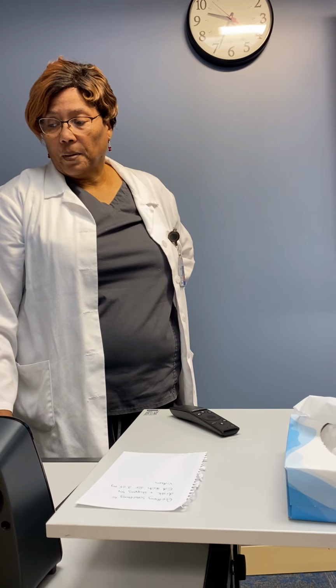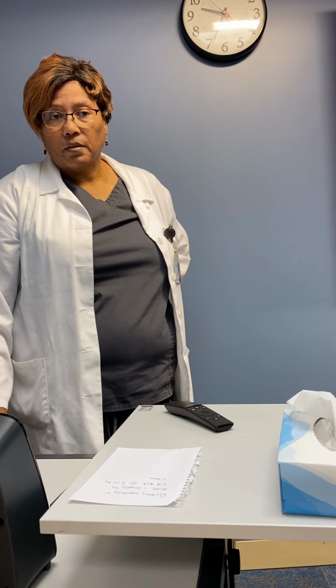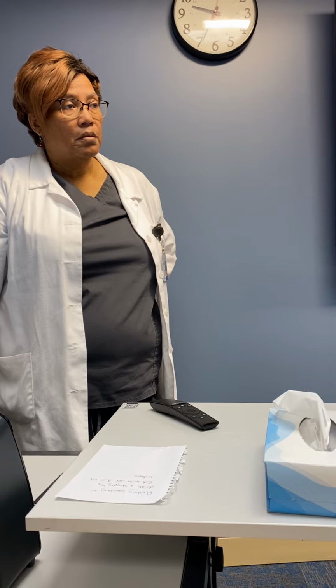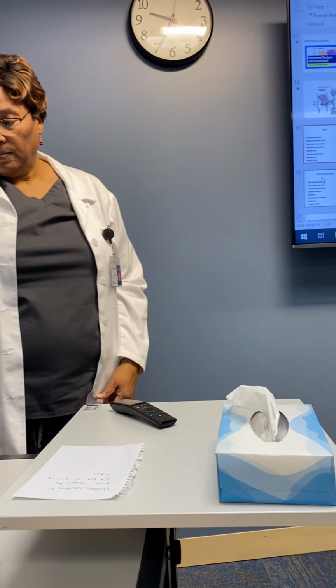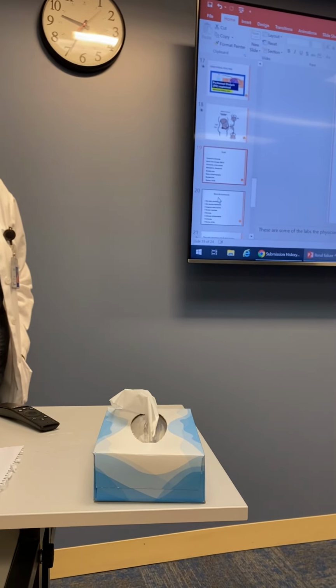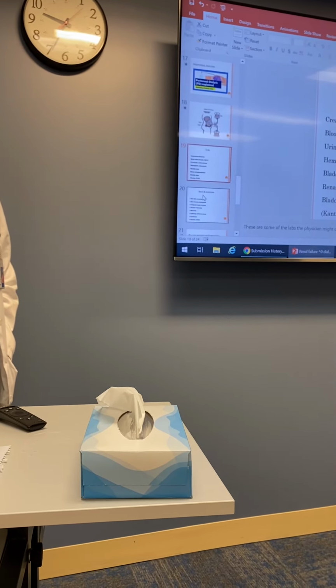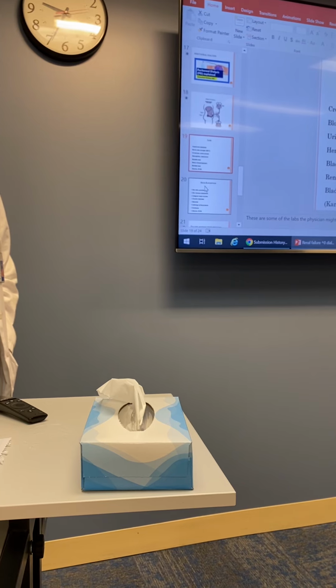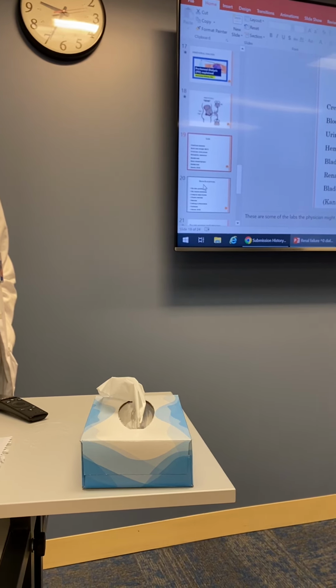Just down and dirty, as a nurse looking at these labs, your creatinine, your BUN, your hemoglobin and hematocrit, those are some of the ones a physician will really want to know. In tests, you need to know some of the labs, but I'm not going to test you over that because you can right click on a value and see whether the patient is within a normal range for BUN.